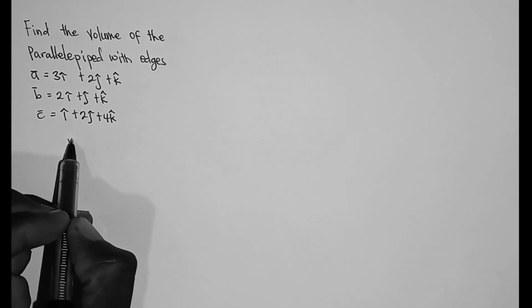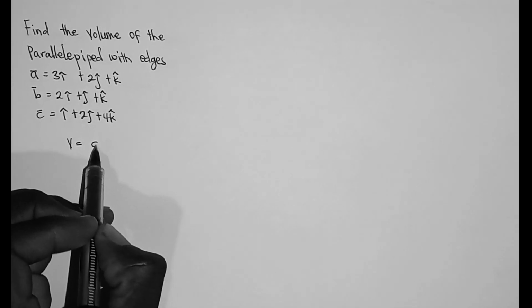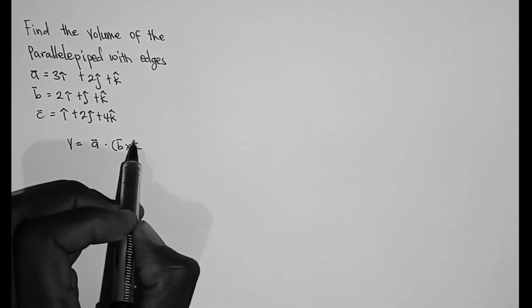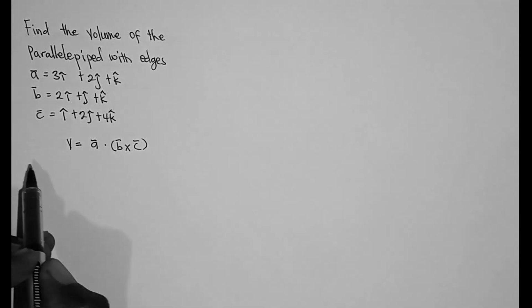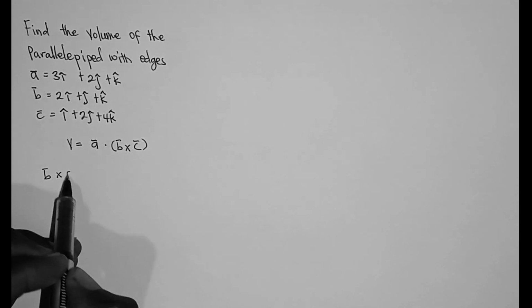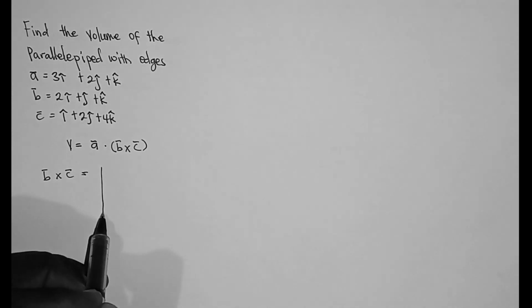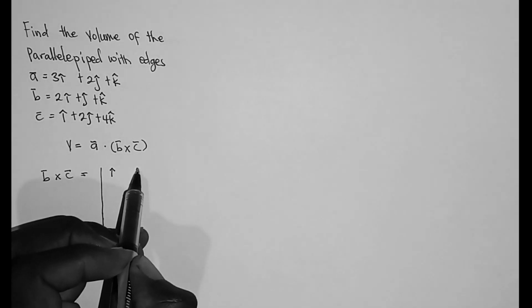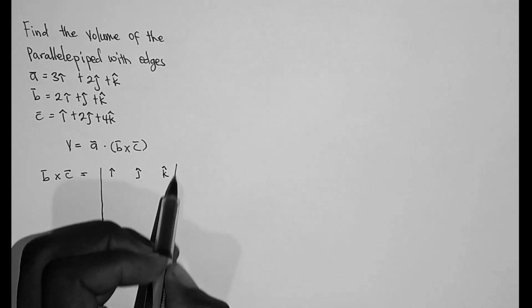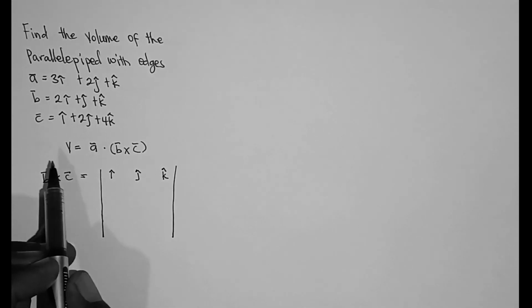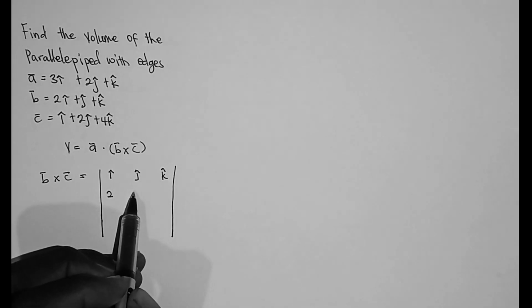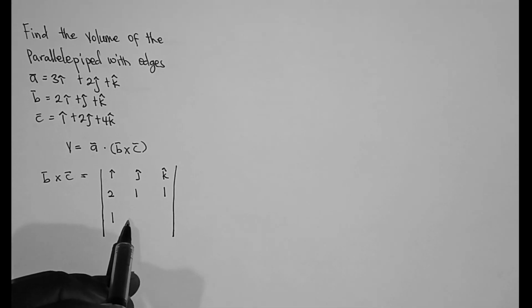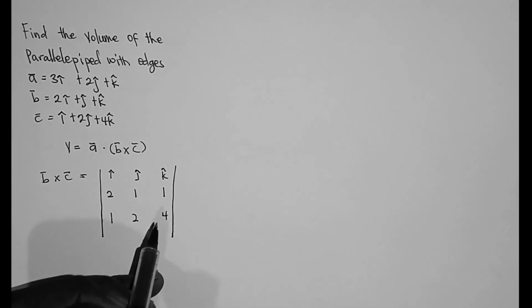So the volume of a parallelepiped is given as vector A dot vector B cross vector C. The first thing we need to do is to find vector B cross vector C, and that is equal to, using the form of determinant, i, j, and k, then vector B is 2i plus j plus k, then vector C is i plus 2j plus 4k.